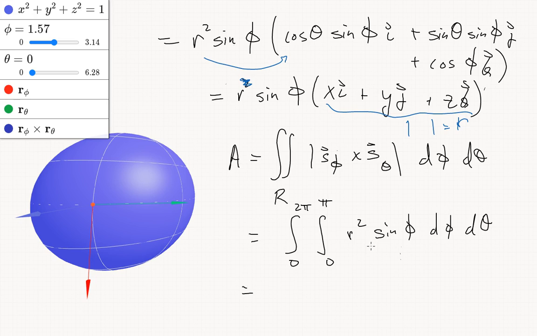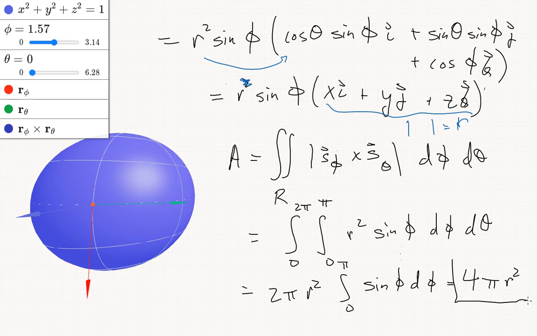So we can pull out the r squared, and again, the theta integral is just going to give us 2 pi. So this is 2 pi r squared times the integral from 0 to pi of sine phi d phi. And so that's 4 pi r squared is the surface area.